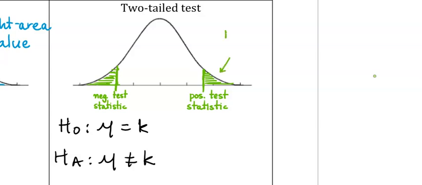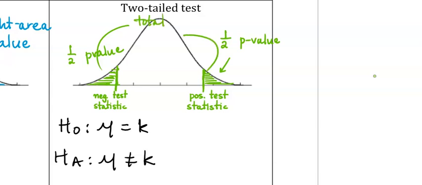Each one of those individual areas is half of the p-value. So the entire p-value is the sum of both areas. So this area combined with that area, that total area is the p-value.